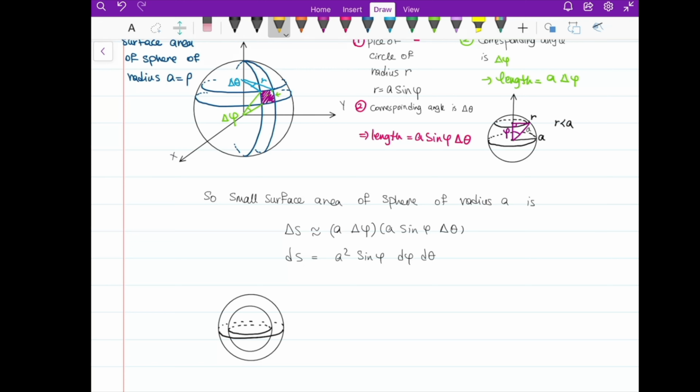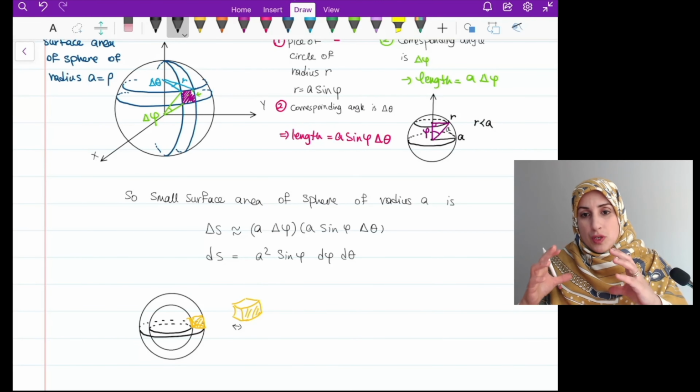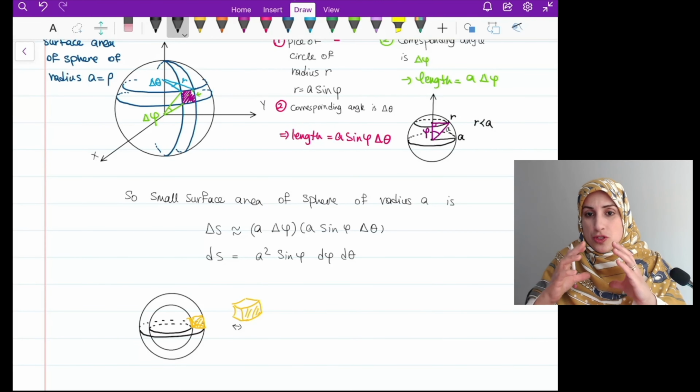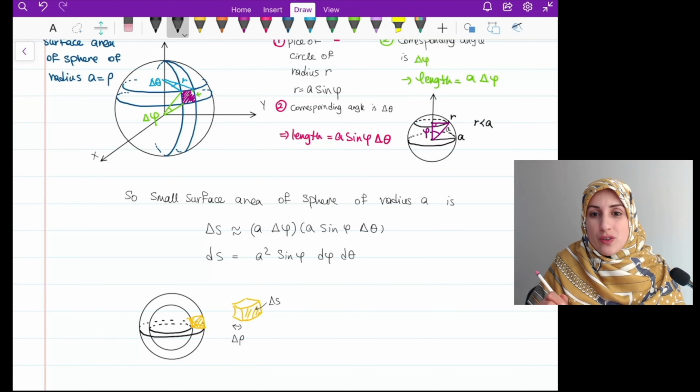Now considering just a small shape in the middle, which would be something like this. So I have a surface area, which is this one, and then I have some thickness like this, okay? The thickness is just because the sphere is going to change from rho 1 to rho 2, so the thickness would be delta rho, and then this area in here would be delta S that we already calculated, right?